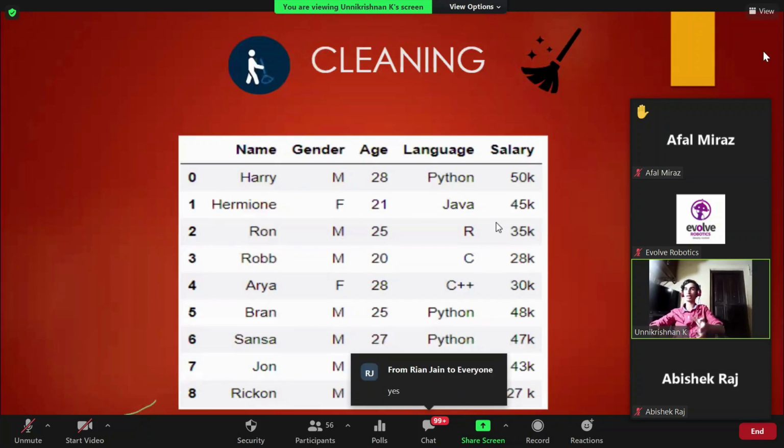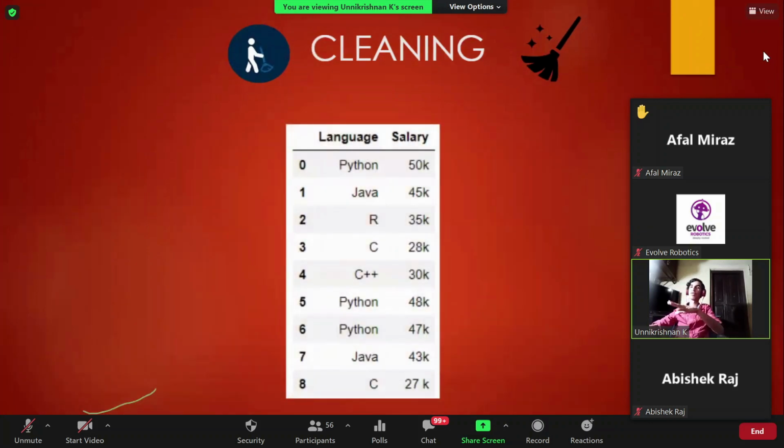So, in order to clean the data, we need to remove the unwanted data entries, right? So we can remove gender, we can remove name, we can remove age. Okay. So finally, he removed the unwanted data, and now the data he has is structured and clean in a good manner.